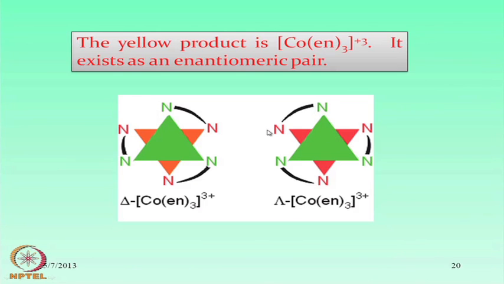But since all these arrangements, like all these nitrogens, are of the same type, we do not have any other choice for the facial and meridional isomer. They are all of CoN6 type. This is also CoN6 type, but still within the CoN6 environment we can have two different isomers.